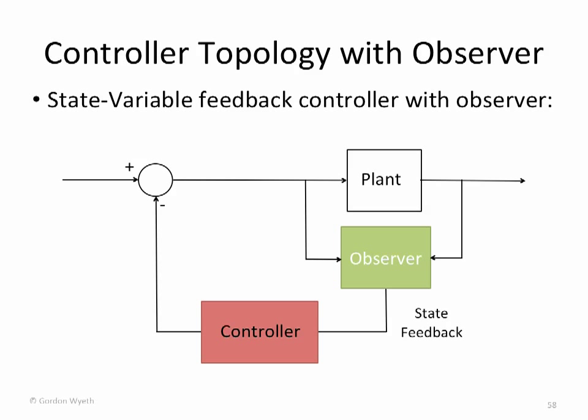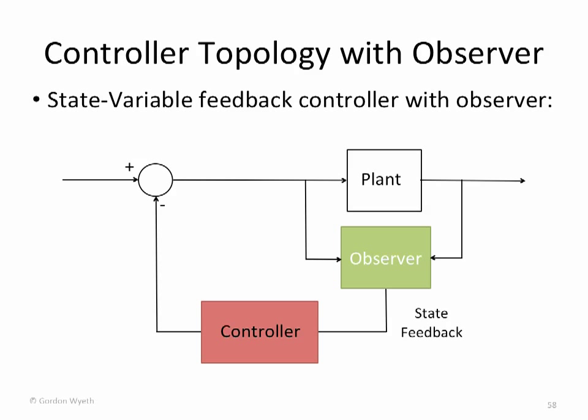Now, if everything was really good, if my model was absolutely perfect, then that Y hat would be exactly the same as Y. But that's really unlikely to happen. And particularly if I ran the estimator for long periods of time, eventually those two things would diverge. Two things are unlikely. One is that I would have a model that was really, really perfect of my plant. And the other thing is that the plant's parameters might change over time.